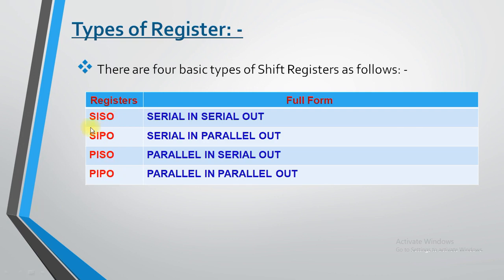Now consider the second situation for the same example, SIPO. That means when you are going to come inside the gate of college, you need to follow serial form. That means one student at a time needs to come inside the gate of college.